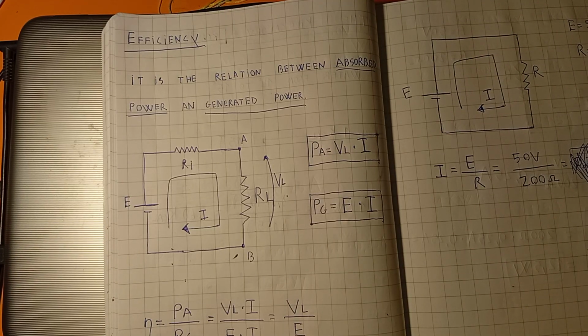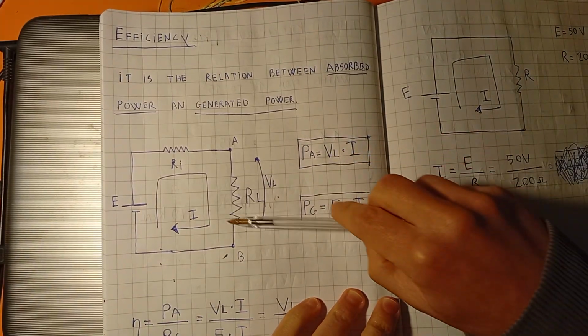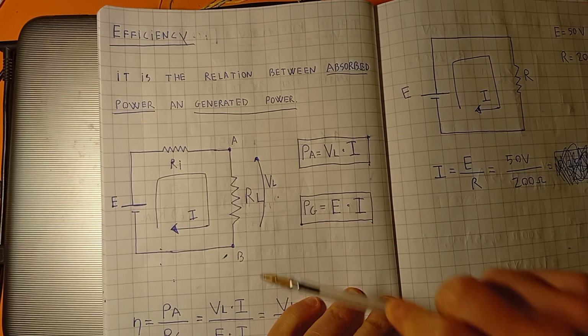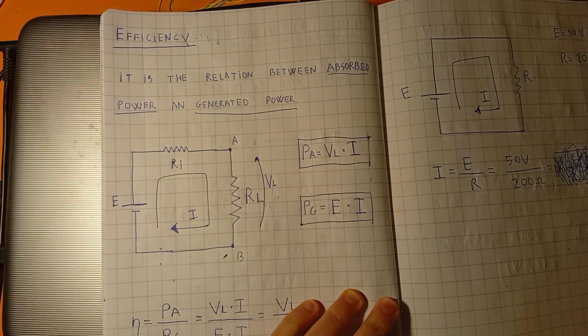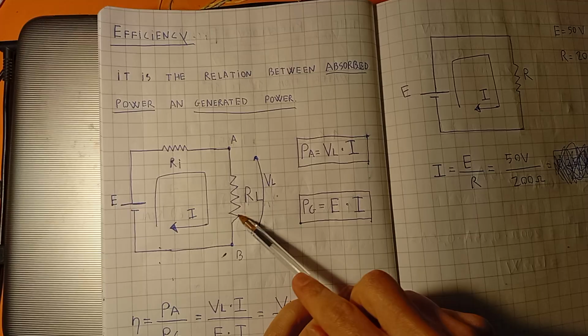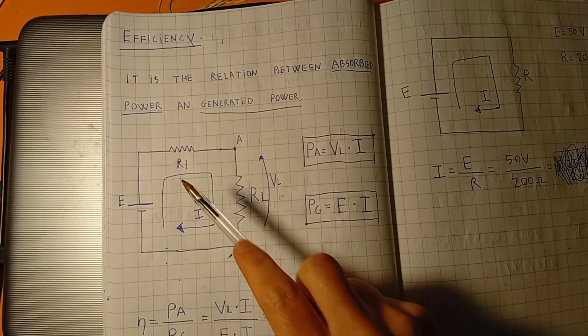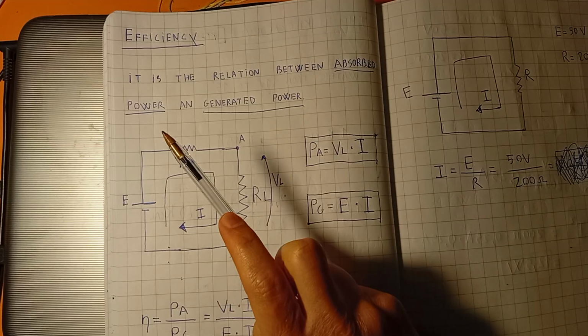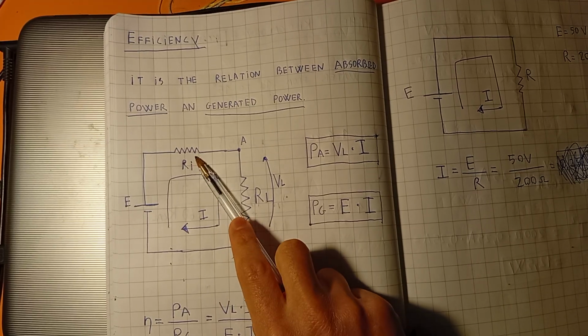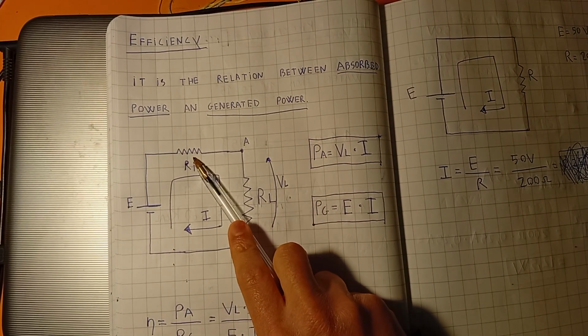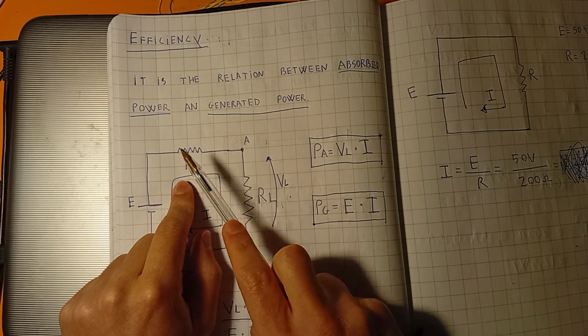So, if this is the receiver, the electrodomestic or the machine that needs to work, that needs power, what does this resistance represent? This one exists, and this could be a problem sometimes, but what is this?